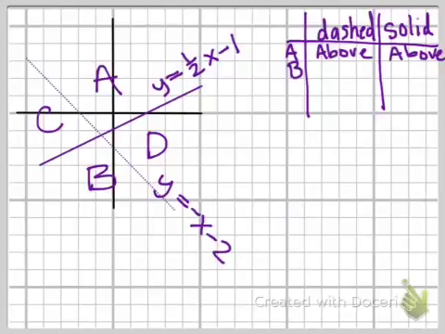When we look at letter B, it is below the dashed line and it's also below the solid line.